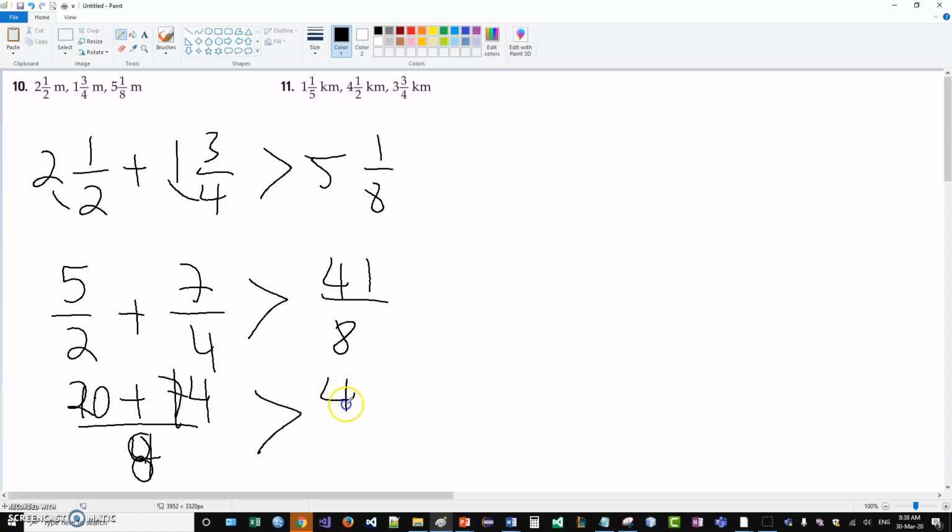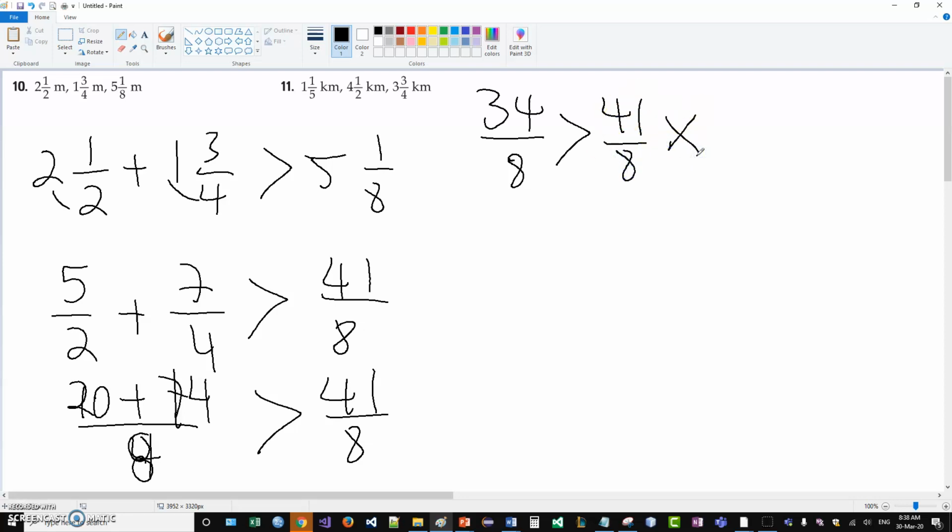Is that greater than 41 over 8? 20 plus 14 is 34 over 8. Is that greater than 41 over 8? It's not, so we can conclude that these three sides do not form a triangle.